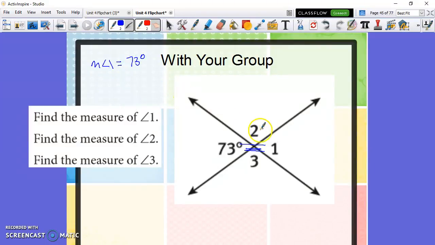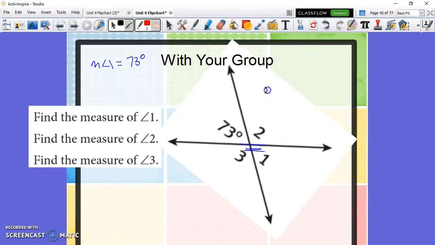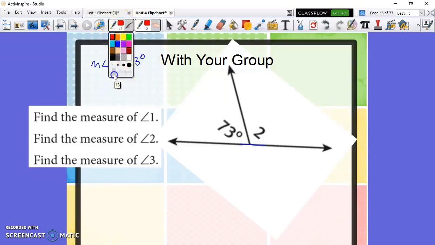So how do we find the measure of that angle? Well, I'm going to rotate this to show you. If we have this, and we cover this line right here, you're going to see that that is a supplementary angle pair, meaning that it's going to be equal to 180.